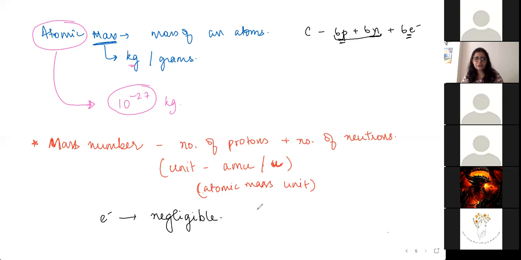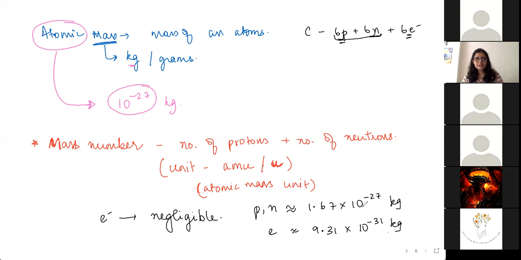The mass of protons or neutrons is approximately 1.67 into 10 raised to the power minus 27 kg, and the mass of electrons is 9.1 into 10 raised to the power minus 31 kg.